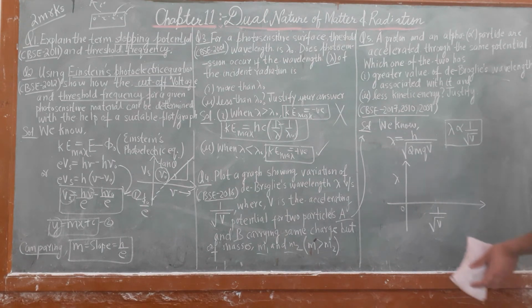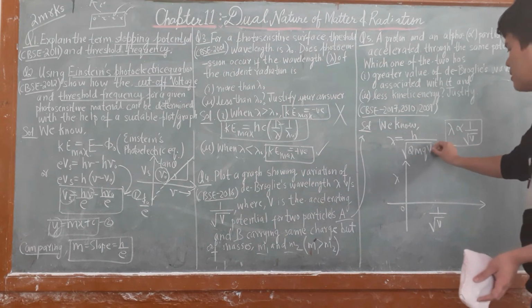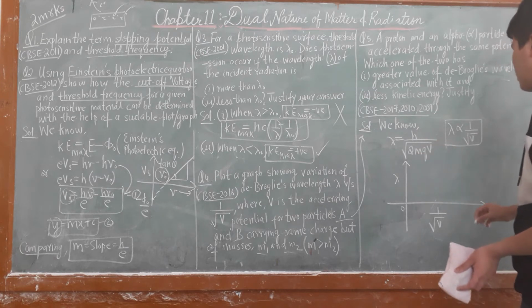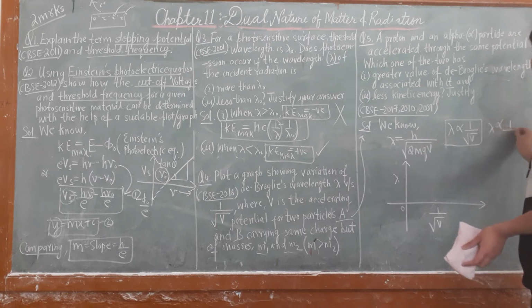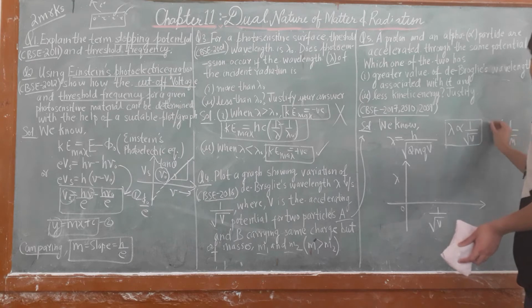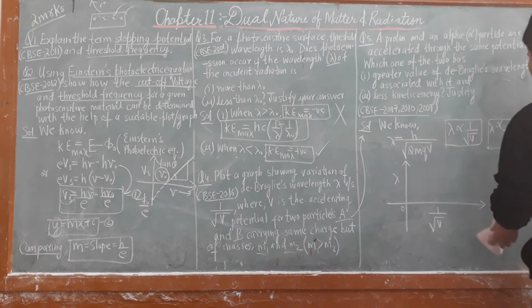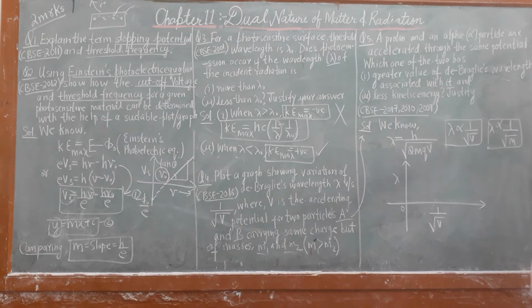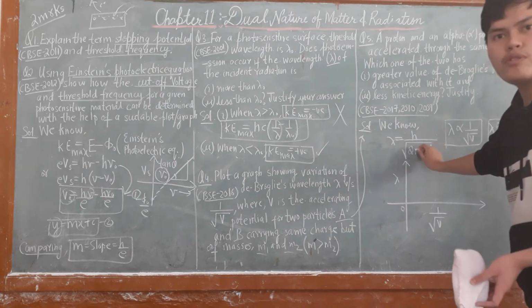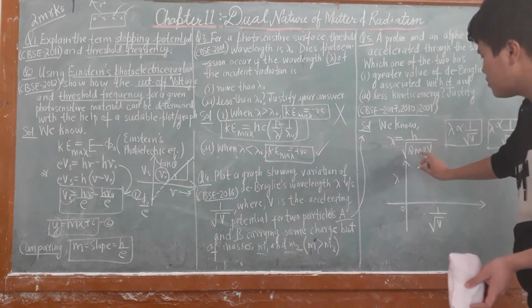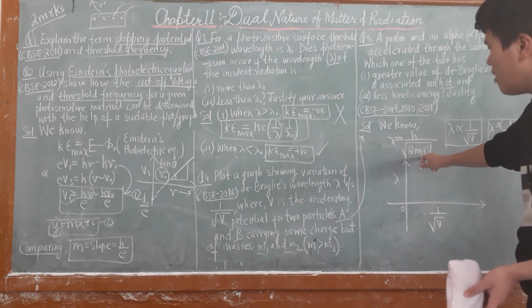So v is constant and m is varying. Lambda is inversely proportional to root m. Okay, whichsoever has a lesser mass will have more wavelength.